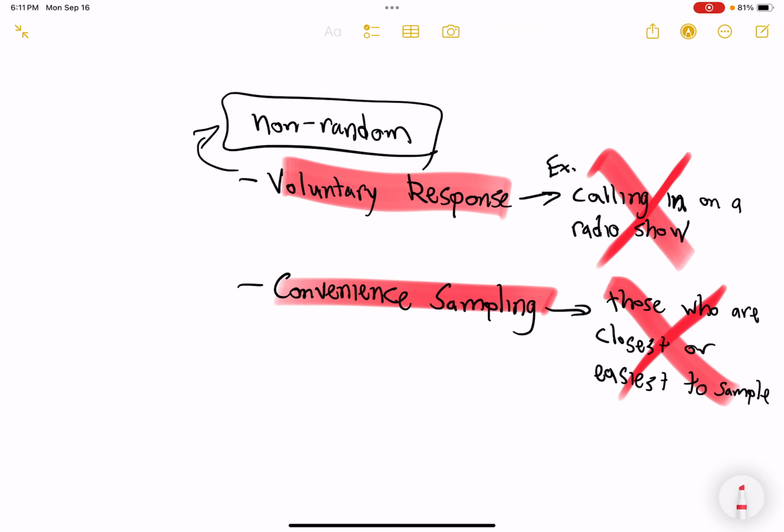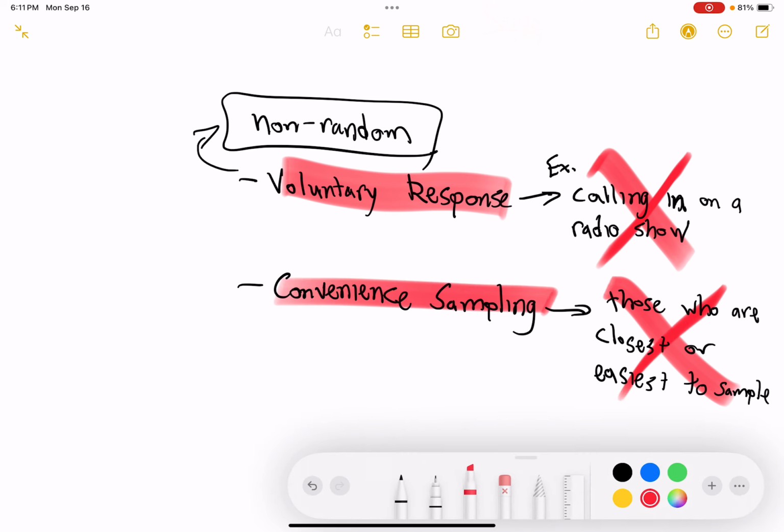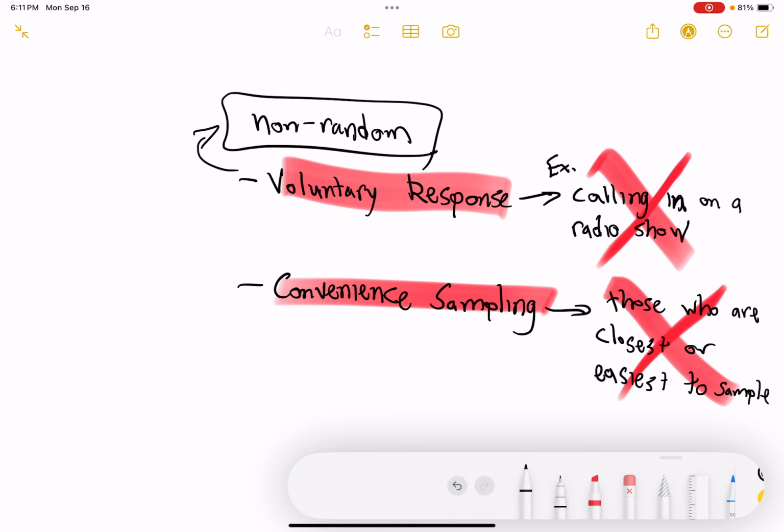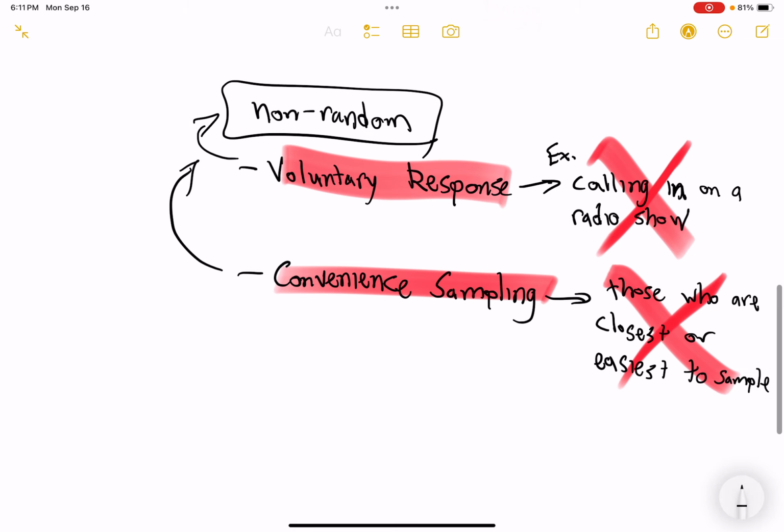Convenience sampling is determinately non-random in the worst way, right? Because you're only going to interview people you are comfortable going up to, and you're interviewing people who are easy to go up to, which means they're probably people who are not avoidant of you, who are going to answer your questions, who are willing to be acquiescent, and that messes with your data. That gives you inaccurate scoops in the giant pot of soup that is your population. You want it to be representative, and non-random ruins that concept, right?